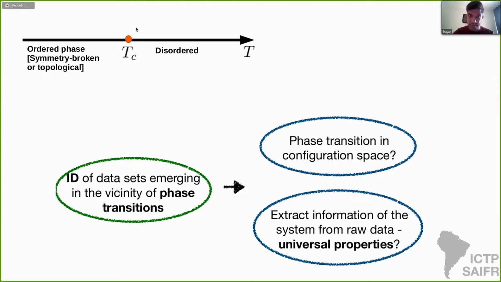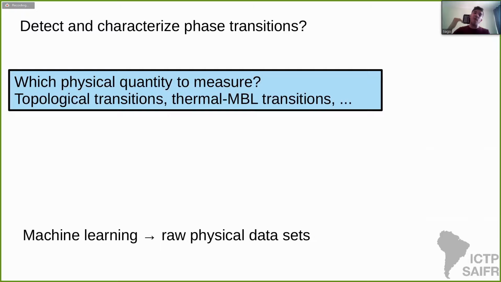And then how is the intrinsic dimension? So the basic question that you raise is this: if you have a kind of phase transition configuration space, can you extract information of the system from raw physical data sets, more specifically universal properties? And why do we want to do this?